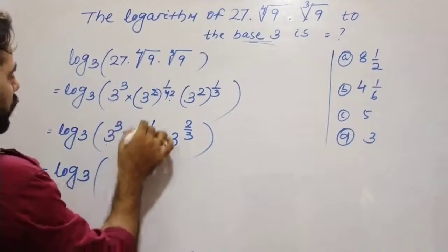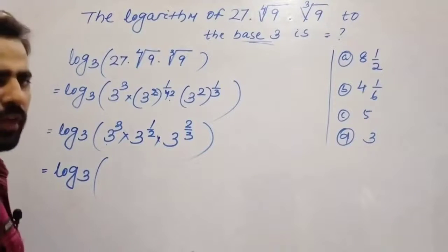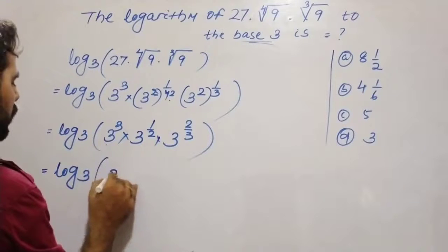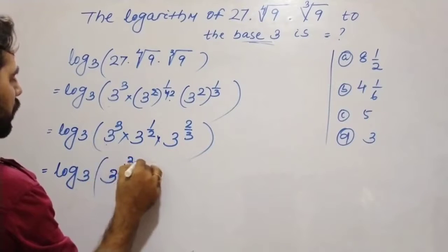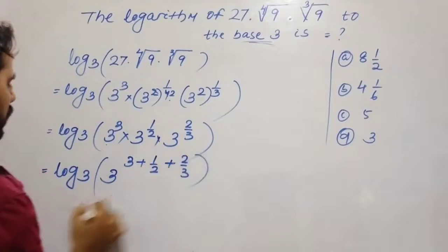So a to the power m into a to the power n into a to the power p is a to the power m plus n plus p. So 3 to the power 3 plus 1 by 2 plus 2 by 3.